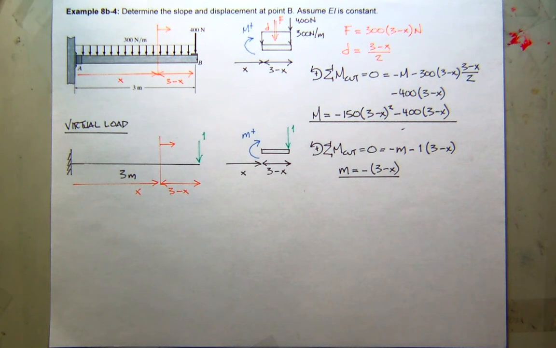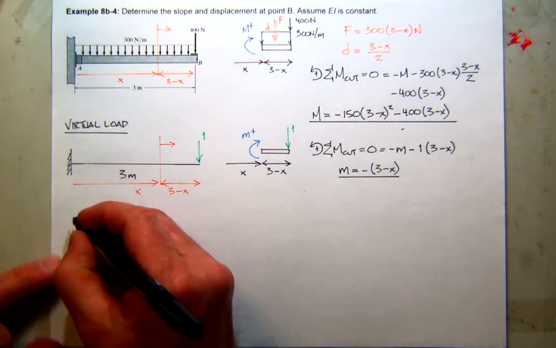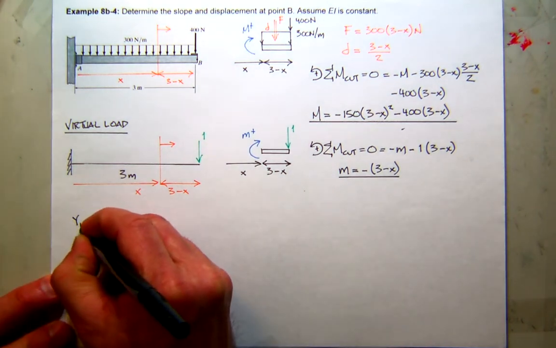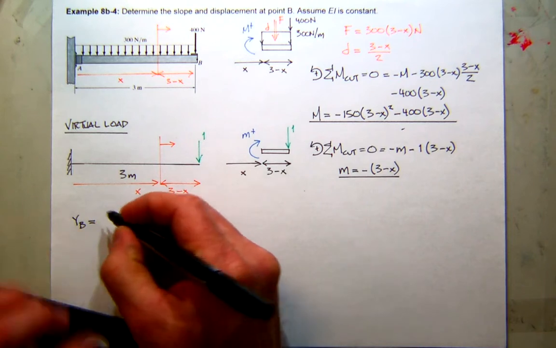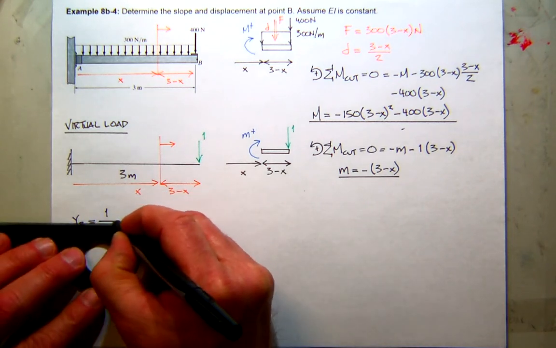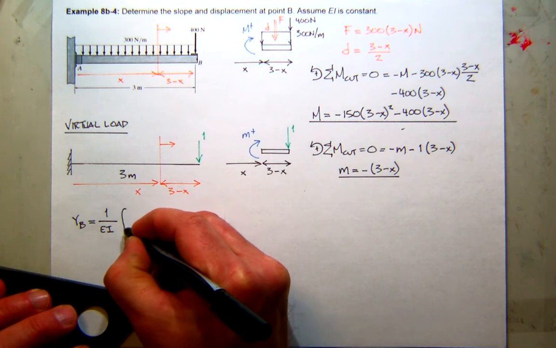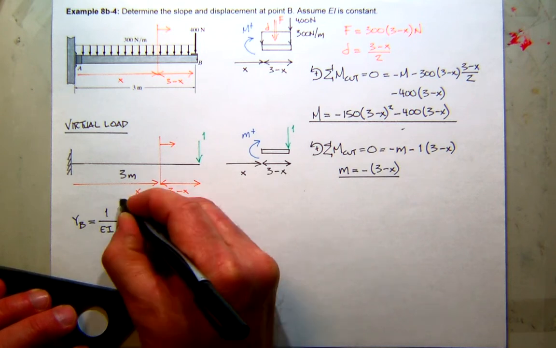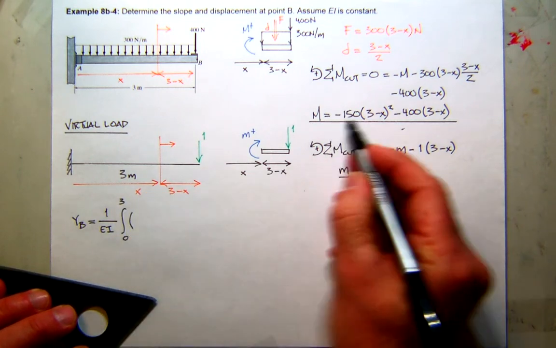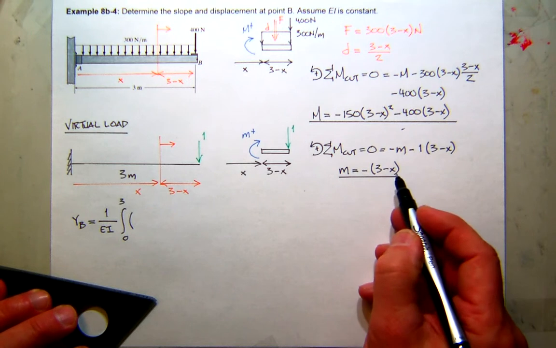So what do I have to do? Multiply these together and integrate, right? So now my displacement at B is going to be 1 over EI. EI in this case is constant. And I'm just going to integrate along the length, which is from 0 to 3, the real moment times the virtual moment.